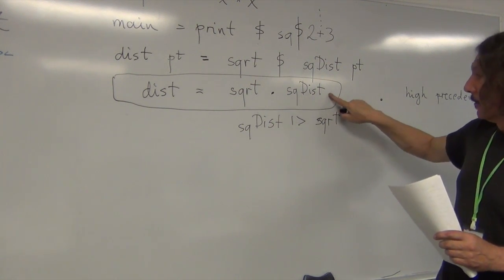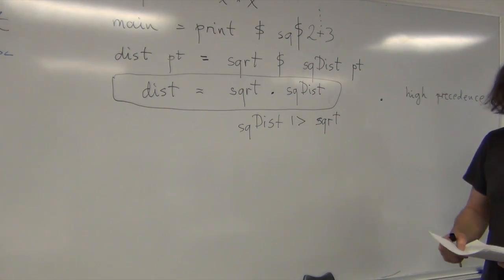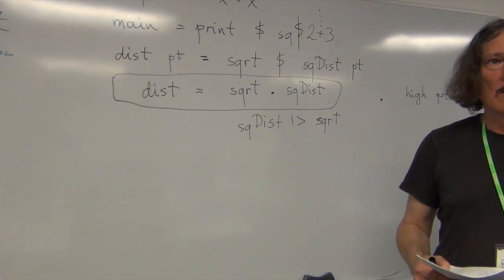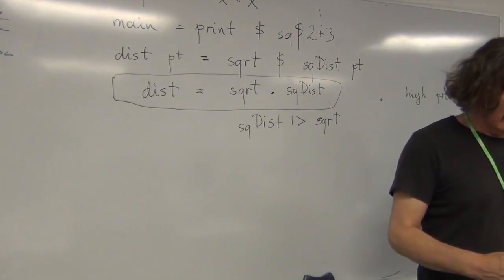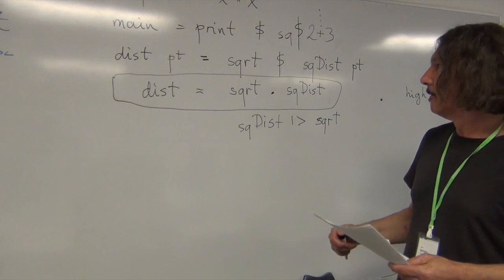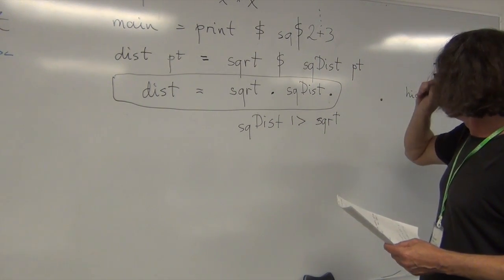So the next thing is what's the associativity of it? Doesn't matter, right? No, it matters. To the right. They're the same, right? It's a functional language. No, because the types might not match.